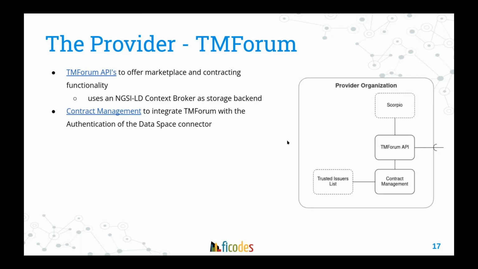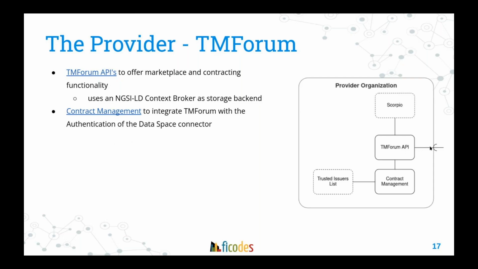And as the last part of the provider, we also want to have the TM-Forum APIs available so that we can offer the marketplace and contracting functionalities. The TM-Forum API implementation that we are using here actually uses an NGSI-LD context broker storage backend in a data space connector deployment. We usually also just reuse the Scorpio we already have and store the TM-Forum API entities also there.